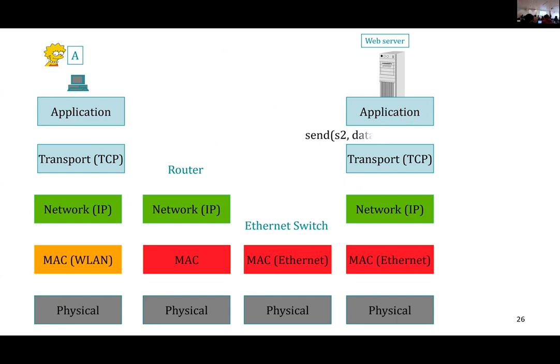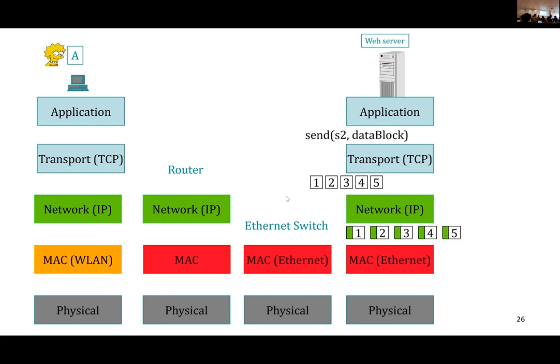So the web server uses the socket interface. The socket interface will be something like this. You use a function call. We say send S2. S2 is the socket that you're using, and you send a data block here. This data block will be broken into 5 chunks that fit into IP packets. That's the principle of IP packet switching. That will be passed to the network layer.